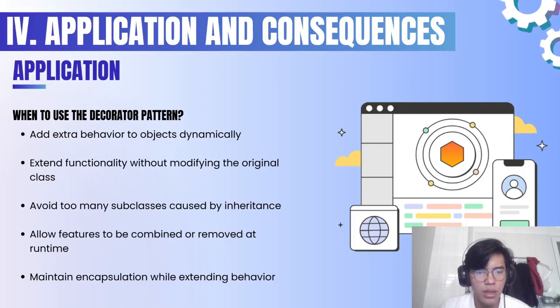And with the decorator pattern, features can also be combined or removed at runtime, which makes the system more flexible. And finally, the pattern maintains encapsulation because the original interface stays the same while the behavior is added.